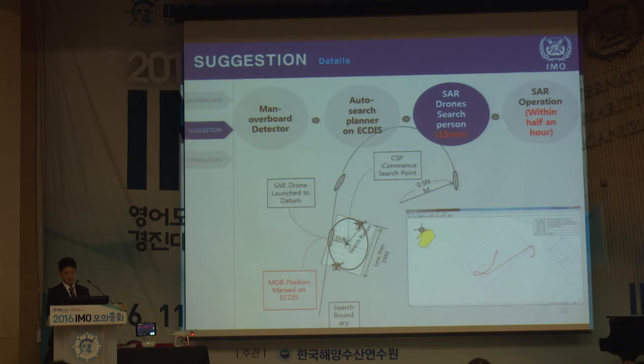Our team conducted a simulation several times to check if 15 minutes is really enough to turn back to the MOV position. This captured image shows the initial set values of the simulation.